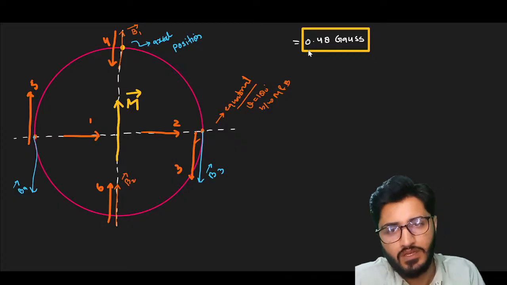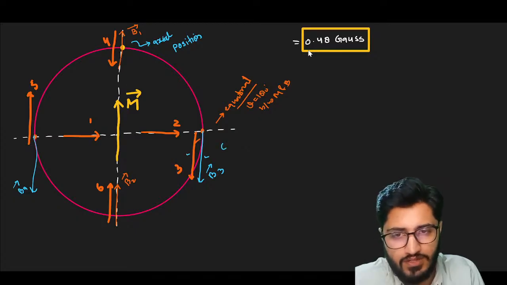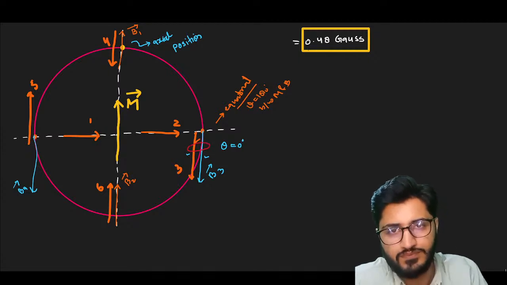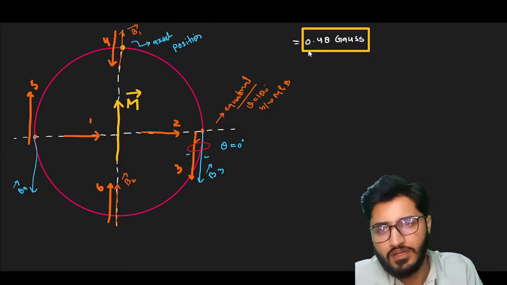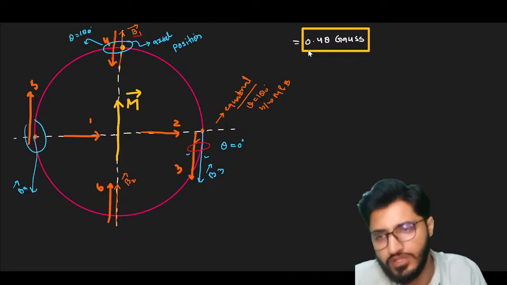Look here. If you can see now, this is B, this is M. I guess you can see theta is 0 degrees between these two. Here, my B is upwards and M is downwards, so for these two my theta came out to be 180 degrees.